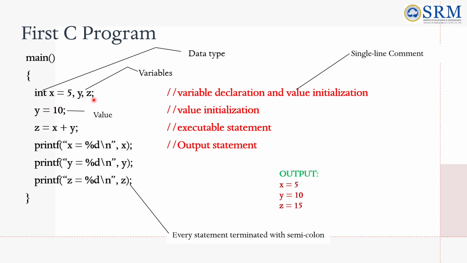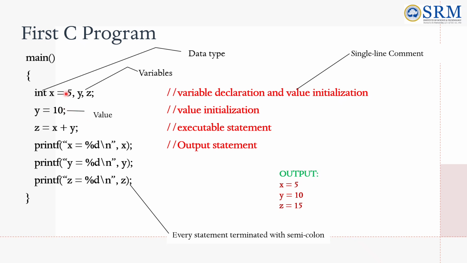Every line in C program is terminated with semicolon. This is similar to the full stop which we use to terminate sentences in English. 5 is stored in X in the declaration line itself, while 10 is stored in Y in the next new line.